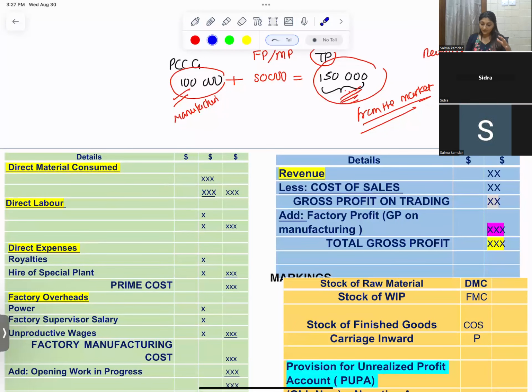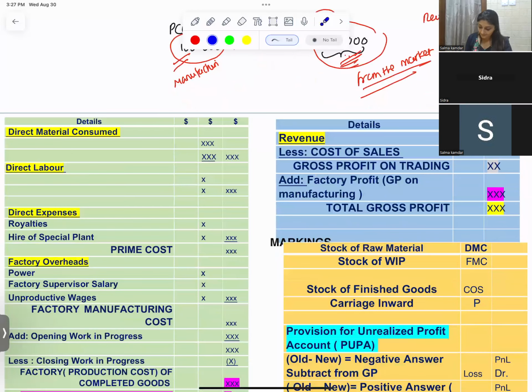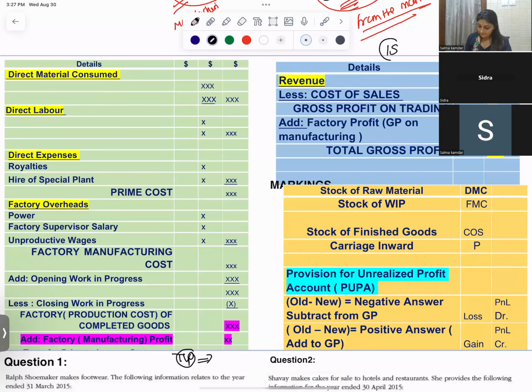So now tell me the format of the income statement. Okay. So first revenue will come. You will less your cost of sales, which will be opening inventory of finished goods, plus purchases of... No, purchases won't come.